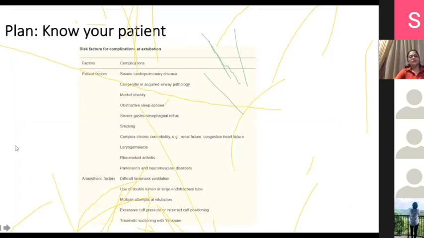So to plan, you need to know your patient. So what should you know about your patient? You need to know about patient factors. These are some of the things which can lead to complications at extubation. Does he have a cardiopulmonary, respiratory problem, morbidly obese, obstructive sleep apnea, GORD, smoking, all these problems that you may come up with?